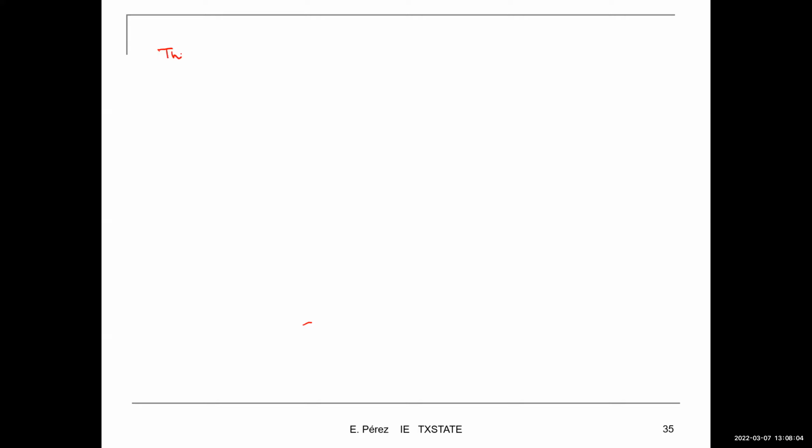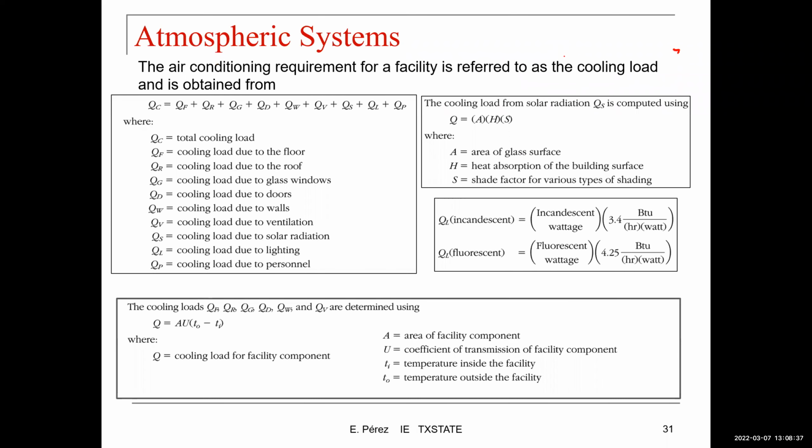The cooling load from lighting may be calculated using this equation right here.